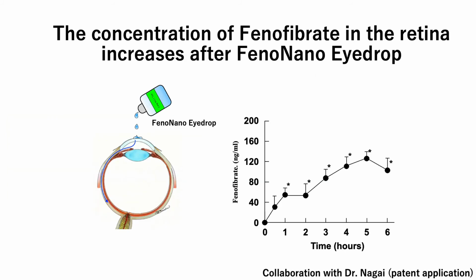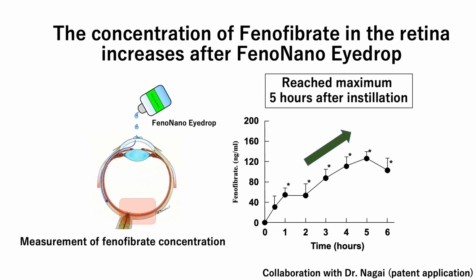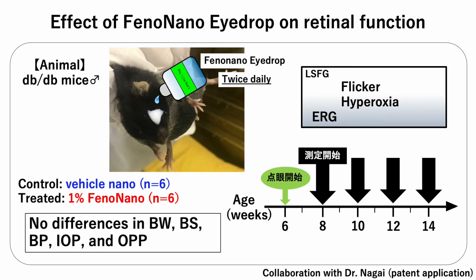We confirmed that a high concentration of fenofibrate migrated into the retina, peaking after the administration of the feno nano eye drop in normal mice. We applied the feno nano eye drop twice daily from 6 to 14 weeks in diabetic mice.